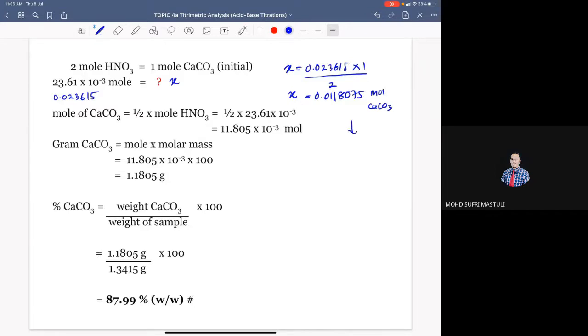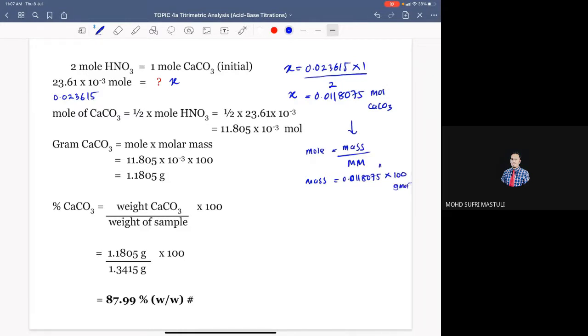mass, because you know mole is mass over molar mass, and then mass is mole times molar mass. You can use the periodic table. So I just use whatever given here, which is 100 gram per mole.